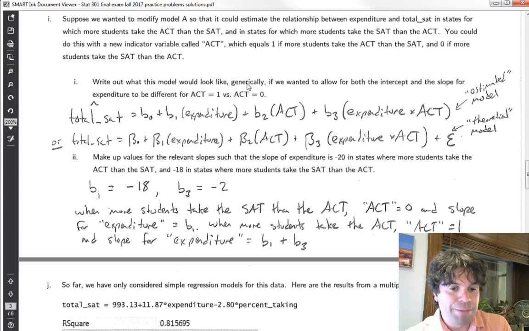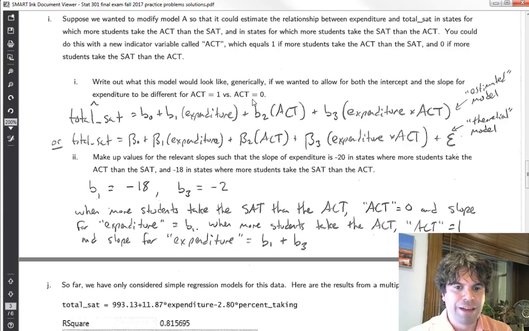That one had 3 parallel lines, where we estimated a single slope for age, and then had indicator variables for the sports that would allow the line to shift up or down. But if we want both the intercept and the slope for expenditure to be different for the 2 groups, then we have to put this thing called an interaction term in the model.